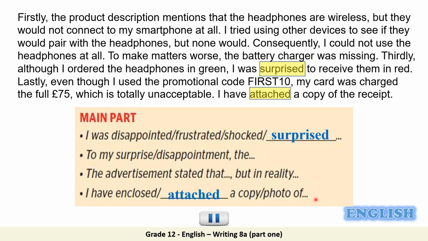One thing you need to take notice of is the use of linkers in the second paragraph, in the main part. So you should be using linkers like firstly, to make matters worse, thirdly, lastly, and these are used to list the problems in your email or letter of complaint.